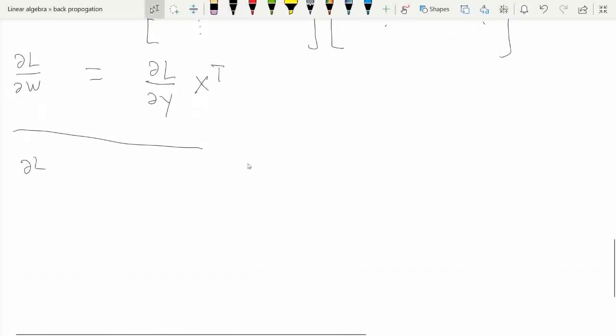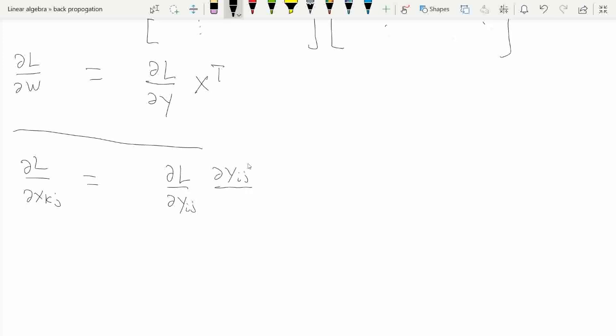So del L by del x kj is equal to the partial of L with respect to y ij, times the partial of y ij with respect to x kj.